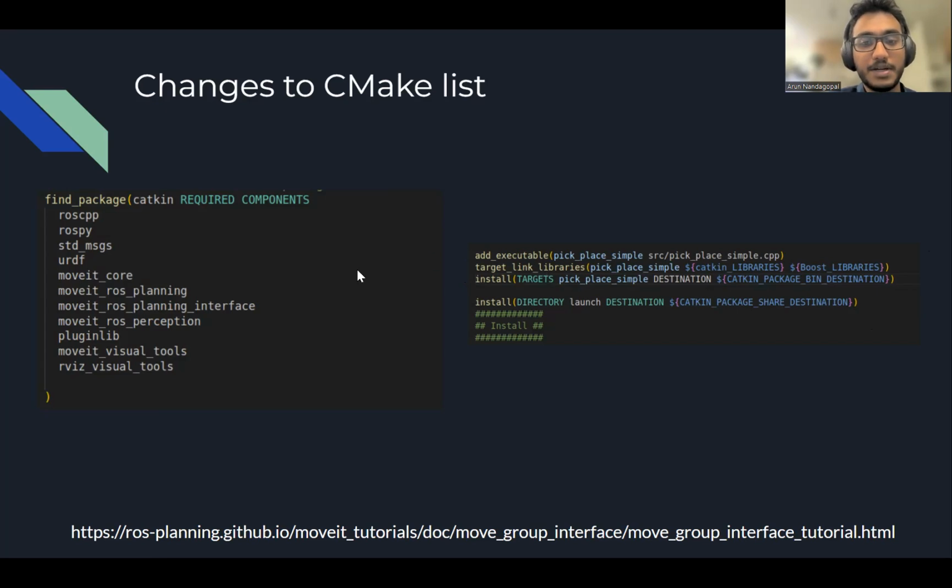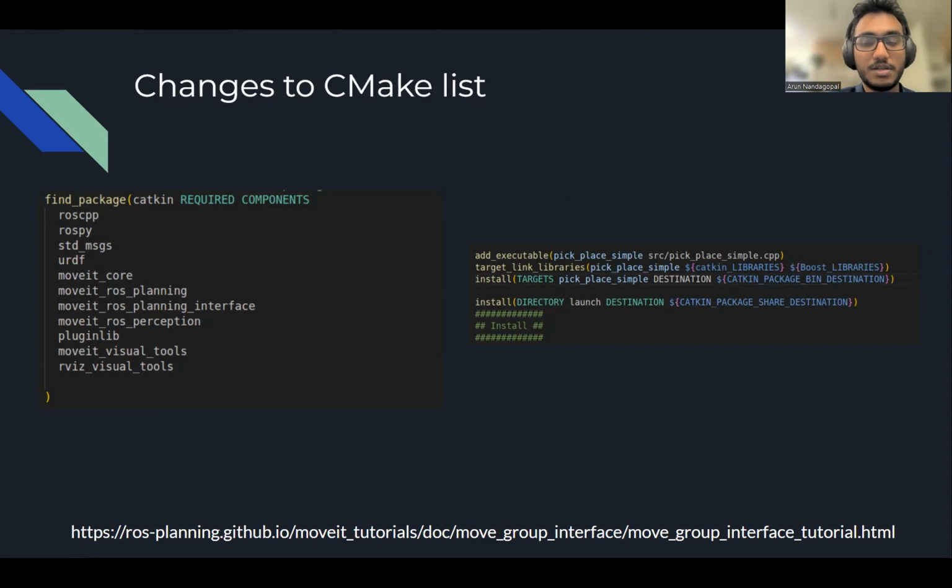Once we have these two things changed in our CMake list, we would be good to run the entire simulation. And now we would have the entire control of the robot, and we could give it desired positions, desired joint angles, and then the robot will just move there and you could see it.